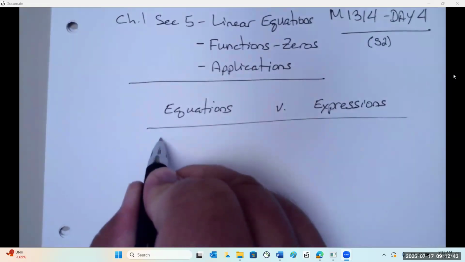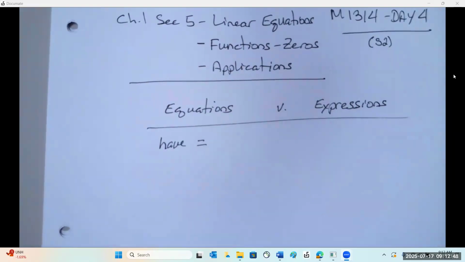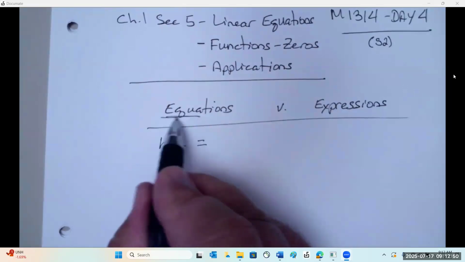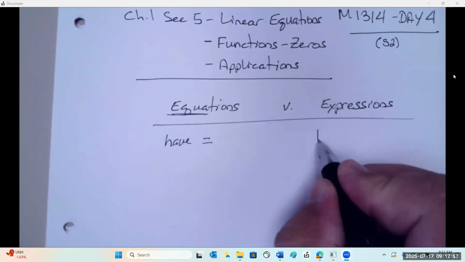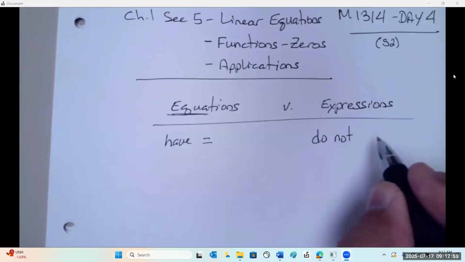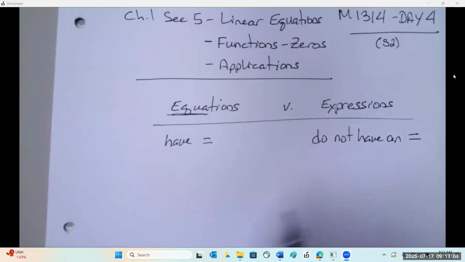Equations have an equal sign, hence equation. Expressions do not have an equal sign. So that's what they look like first. But what you do with them is completely different.